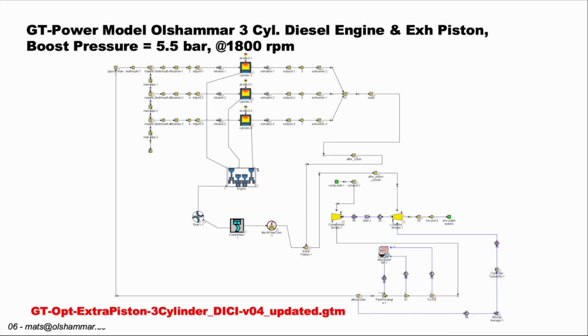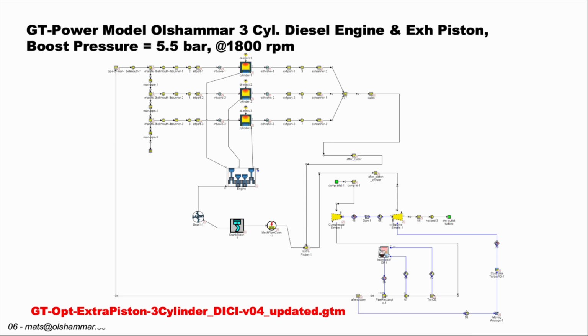Here is the Olshammar version, where we have added an extra exhaust cylinder, but we cannot do the simulation as the other simulations because we need the exhaust piston to move 50% faster than the combustion pistons in order for it to serve 3 combustion cylinders.